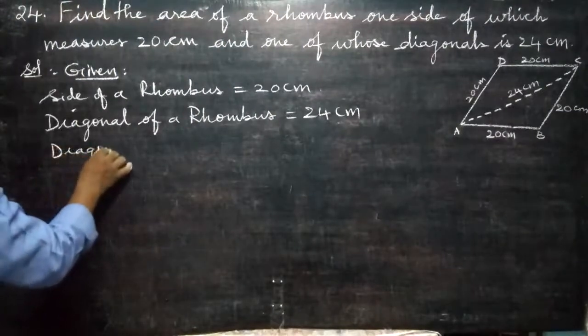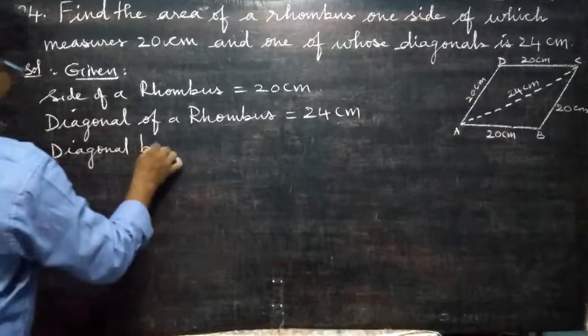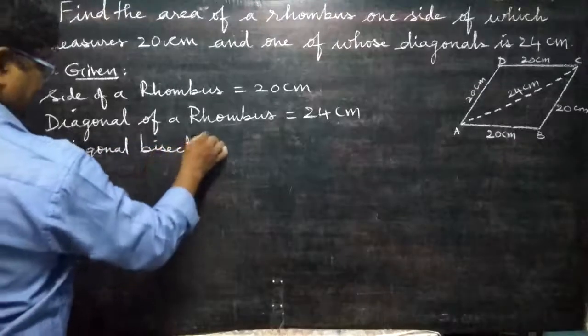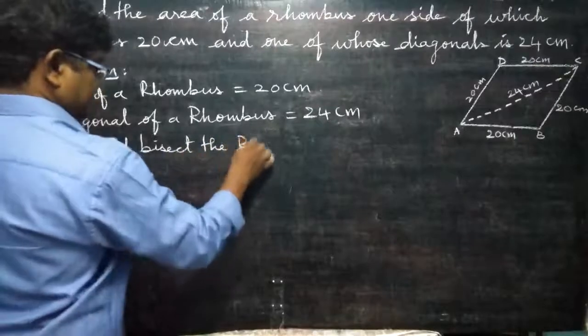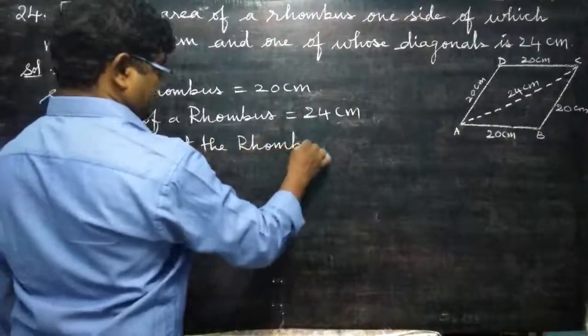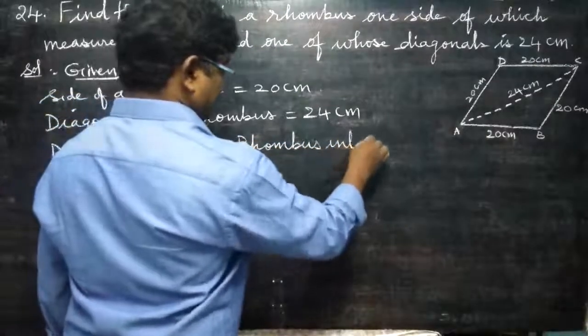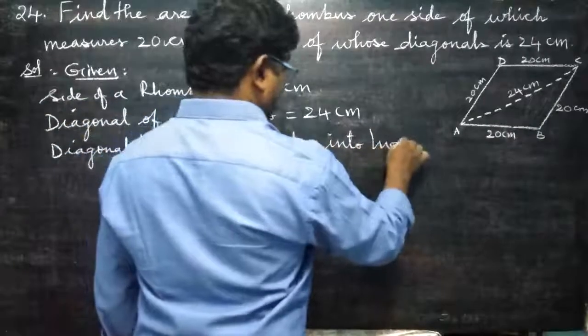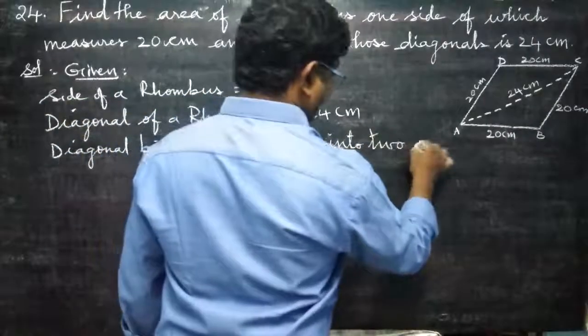Now, a diagonal bisects the rhombus into two congruent triangles.